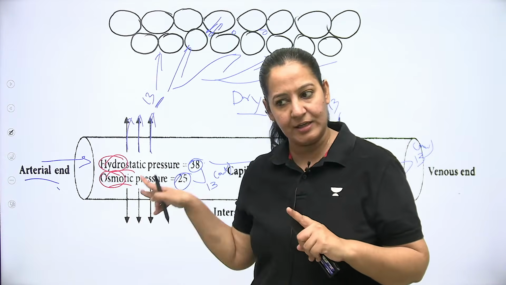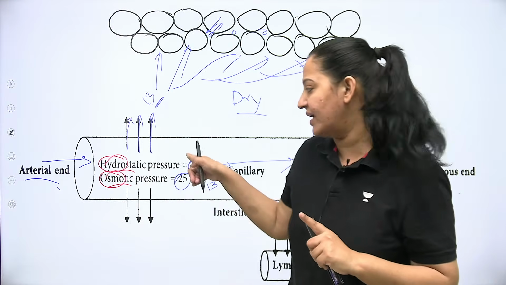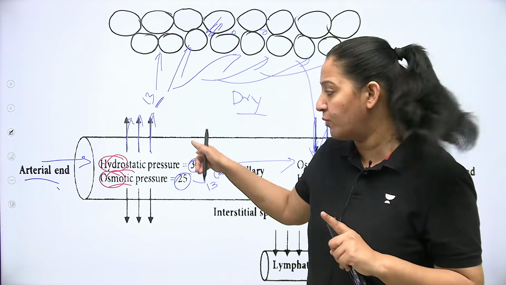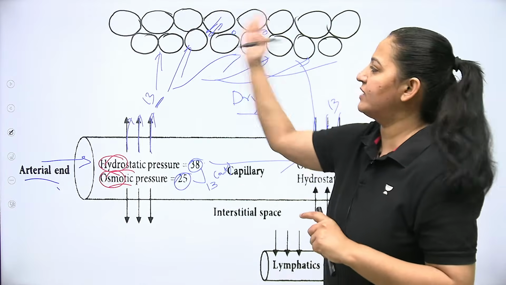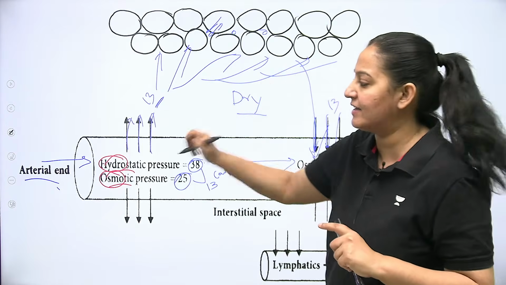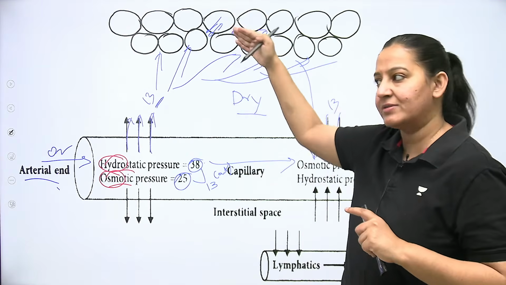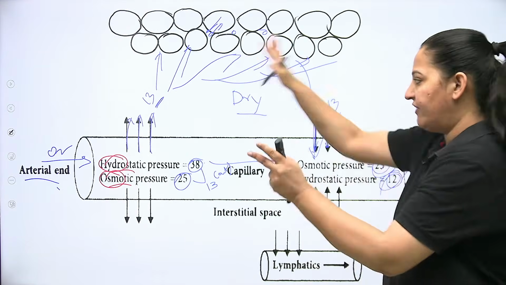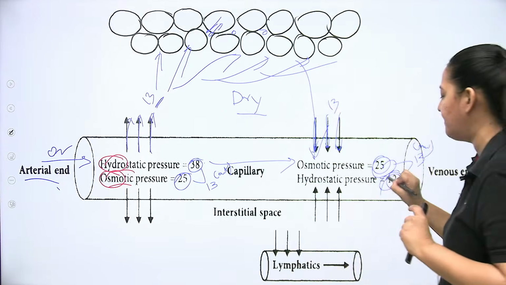So at the arterial end, the two pressures are 38 and 25. Hydrostatic is 38, osmotic is 25. So outward is more than inward, and with 13 mm the fluid comes out. It does the exchange: it is pure blood containing oxygen, so oxygen is given to the cell and carbon dioxide is collected from the cell. Now at the venous end, since the fluid has gone out, instead of 38 only 12 mm remains.